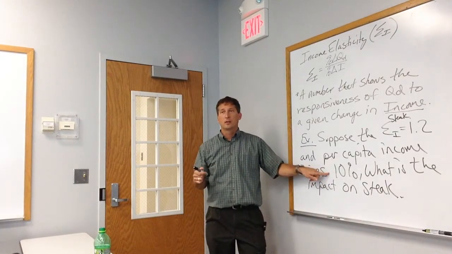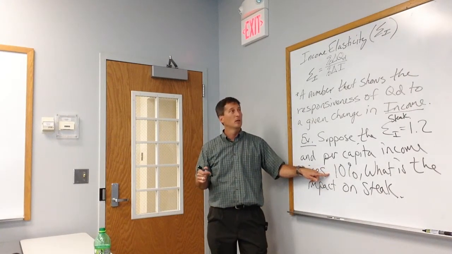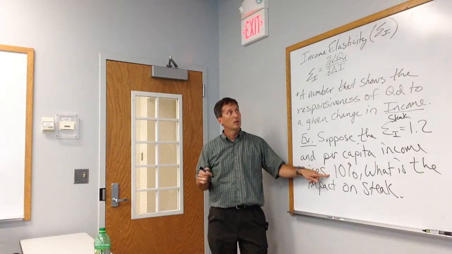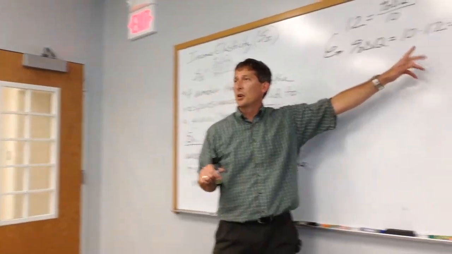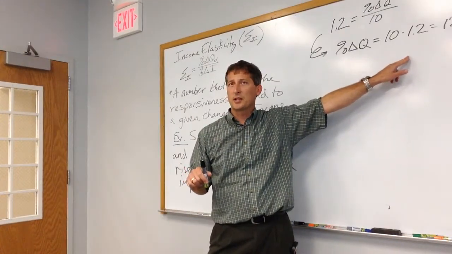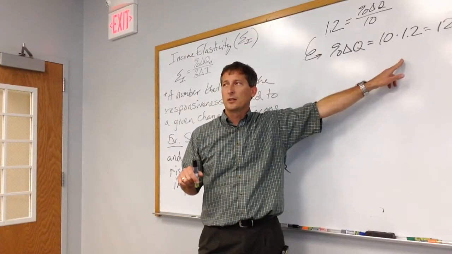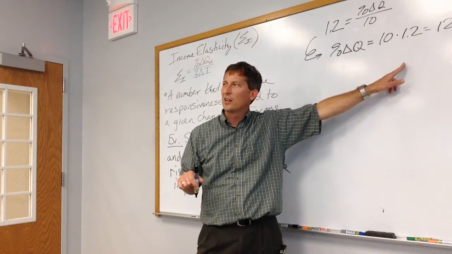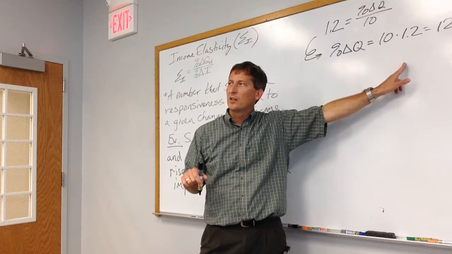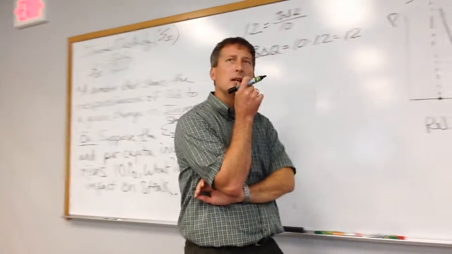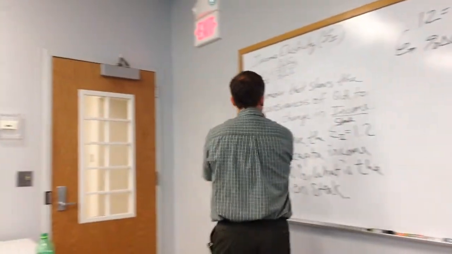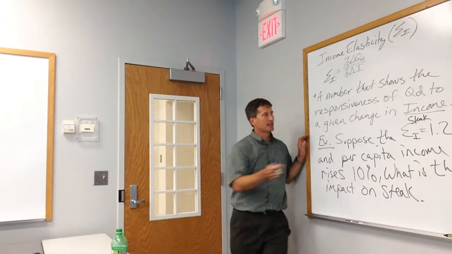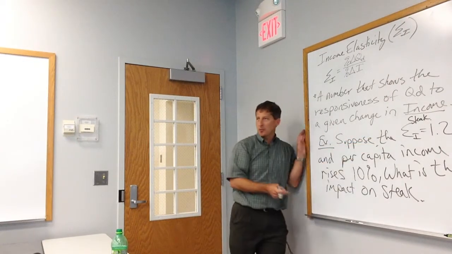And then you would do negative 10 times negative 1.2. Now you get positive 12. Is this right or wrong? You probably don't even have to show the negative because it's just showing the change. It's just a percentage change, so it's 12%. So is this thing always negative or is it supposed to be positive?